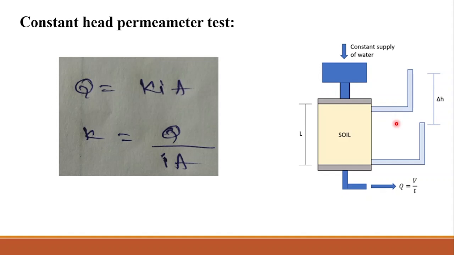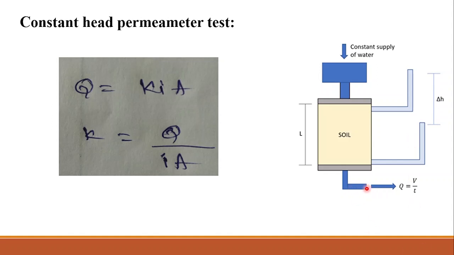After maintaining the constant head, when the head is at a constant level, then we can start our experiment. For example, if you are noting down for 1 minute, you note how much discharge is collected in the tub. I will start the stopwatch and note down how much water I have collected through the outlet.